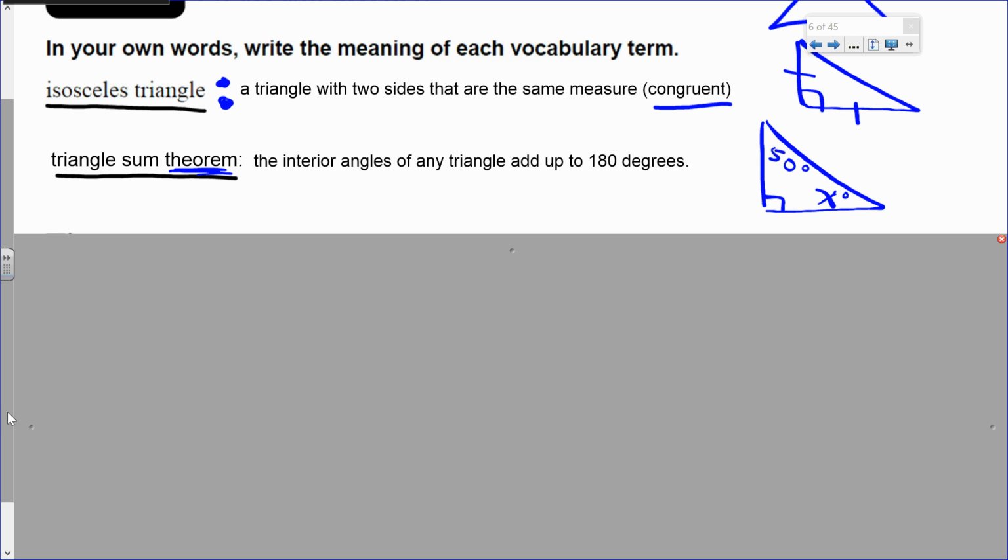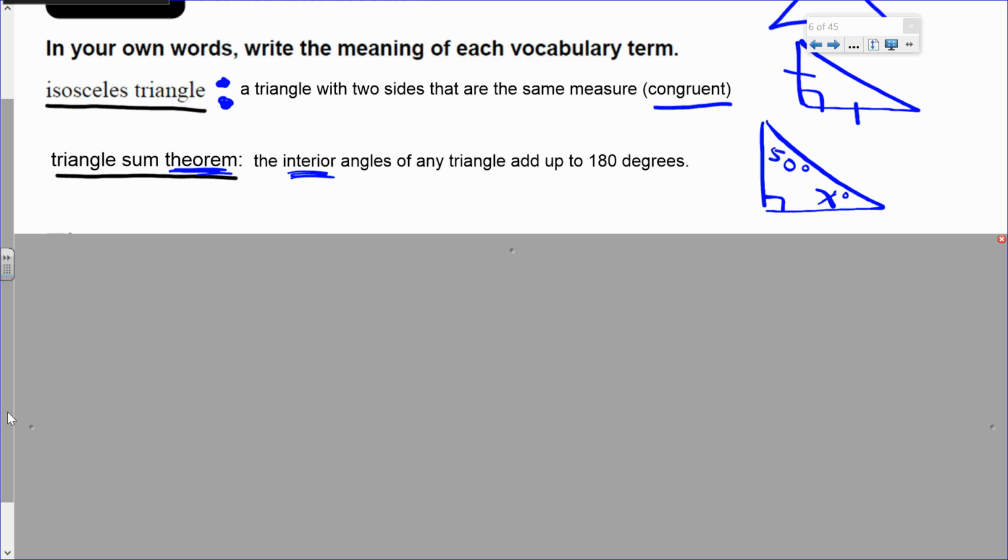We can solve for x here using this theorem. This theorem goes for any triangle you'll ever come across for the rest of your life. No matter if it's a right triangle or any type of triangle, all the angles inside have to add up to 180 degrees. So knowing that, we can solve for x here.